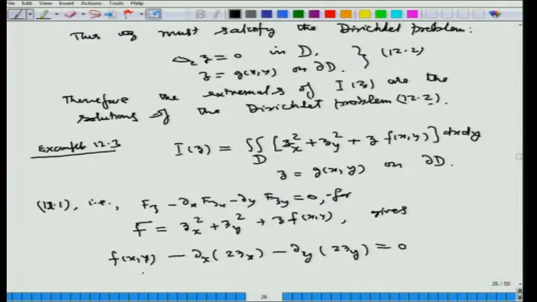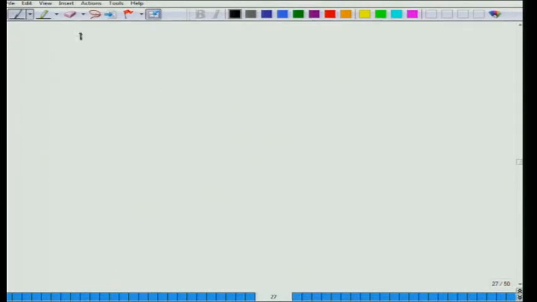Simplifying this, we get z x x plus z y y equal to 1 by 2 f x y.